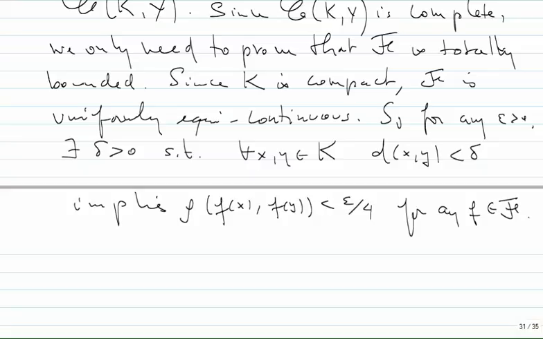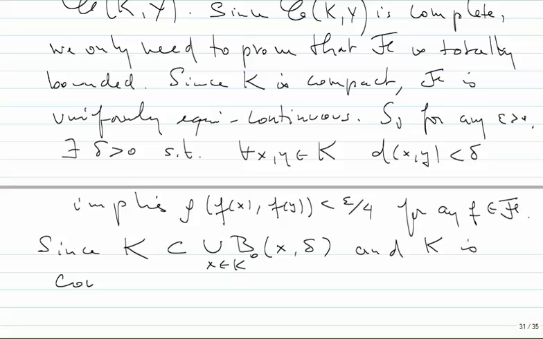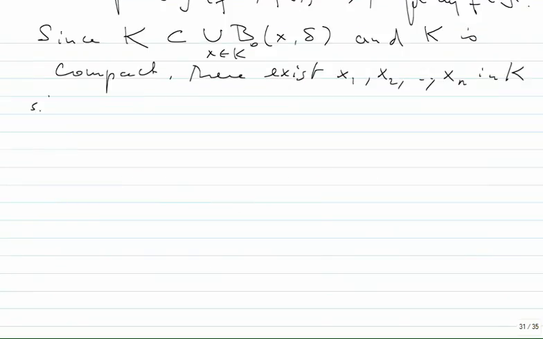Now, since K is in the union of open balls, and K is compact, there exist x1, x2, ..., xn in K such that K is in the union of the open balls B(xi, delta), i between 1 and n.